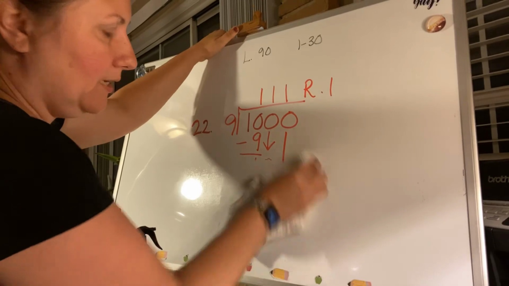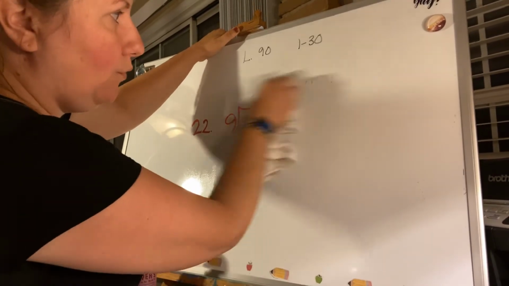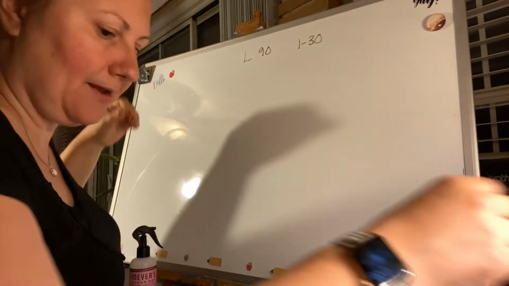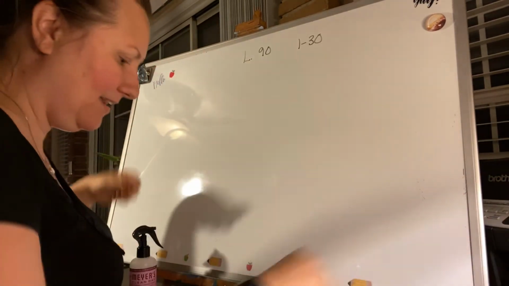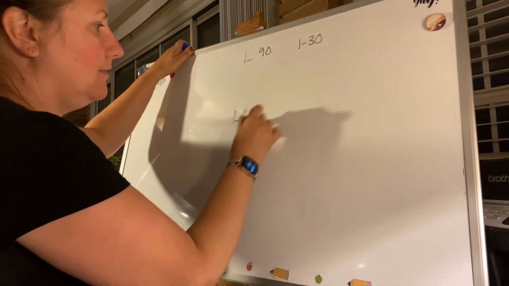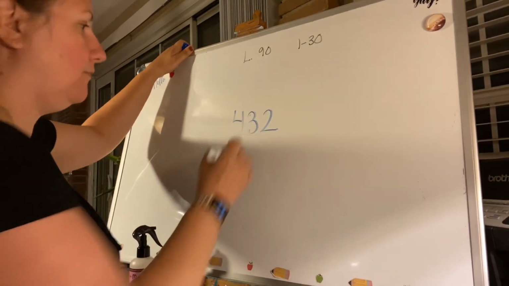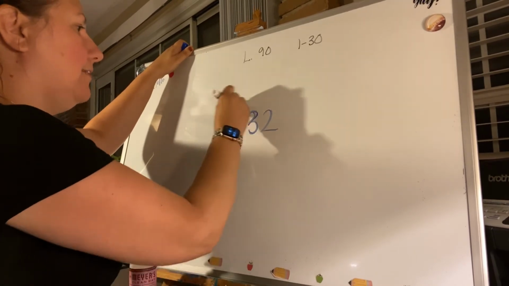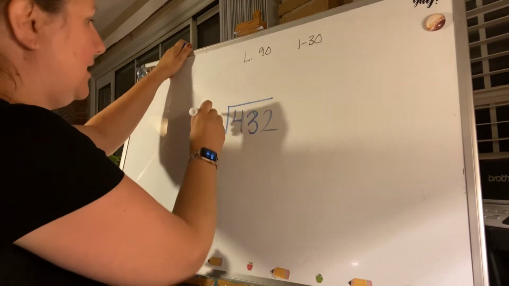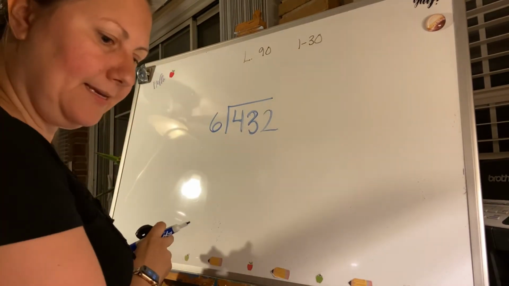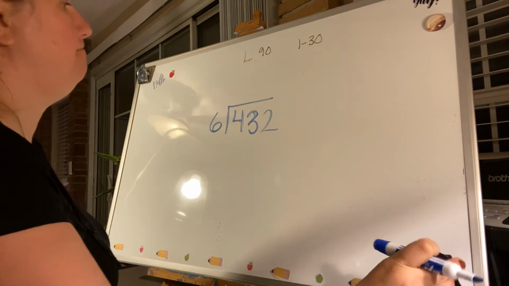Number 23 says 432 divided by 6. Let's see, where can I begin?